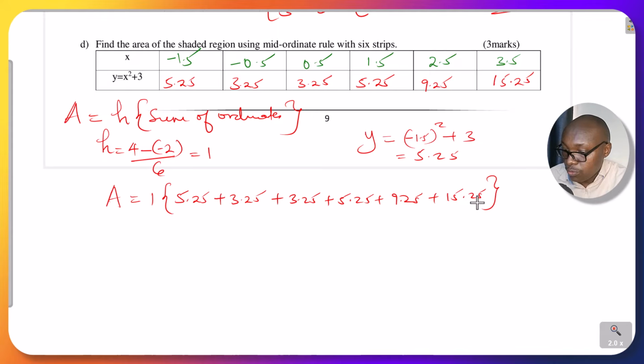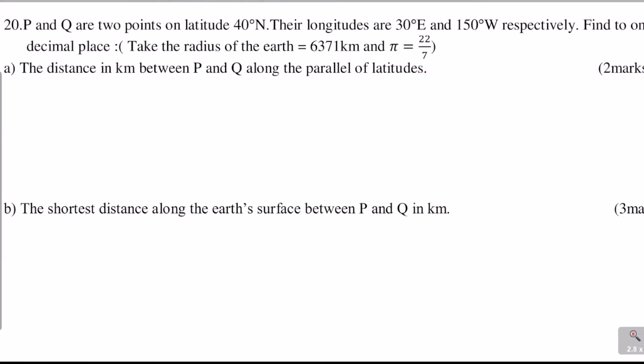So you get 41.5. So this one gives you 41.5 square units.